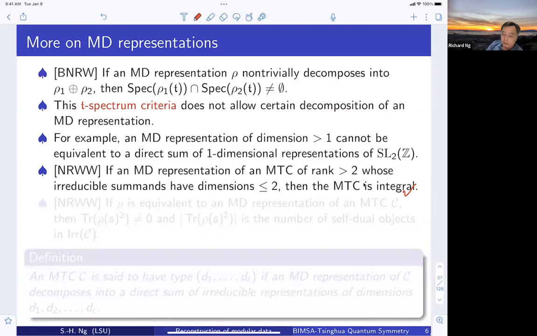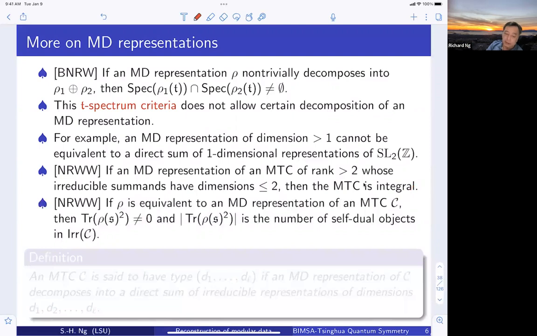The other one is pretty easy to obtain, again developed in our paper. If rho is an arbitrary representation of SL2C which is equivalent to an MTC representation, then first of all, the trace of rho of S squared cannot be 0.